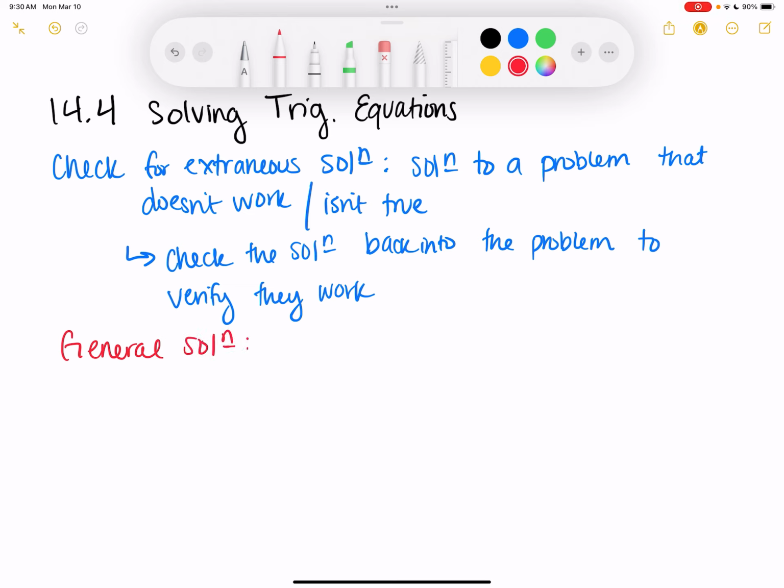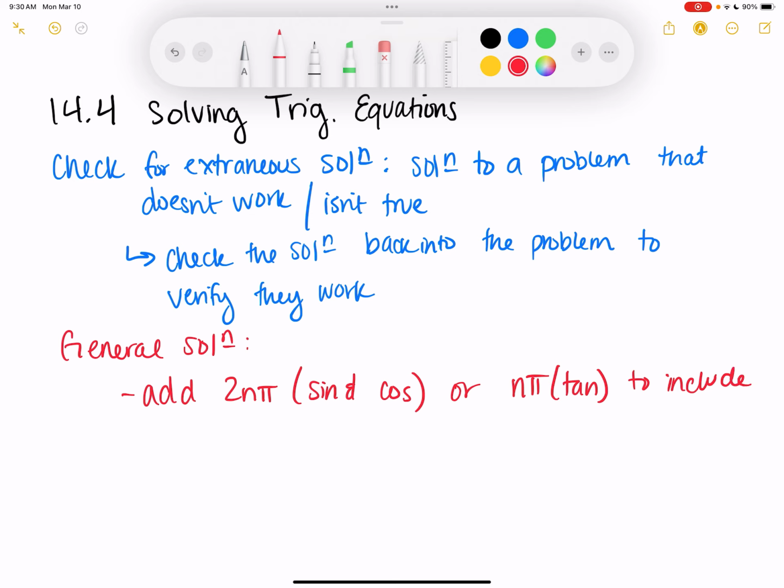And so if they ask us for that, we add 2n pi for sine and cosine, or n pi for tangent, to include all possible solutions, because there are infinitely many solutions.